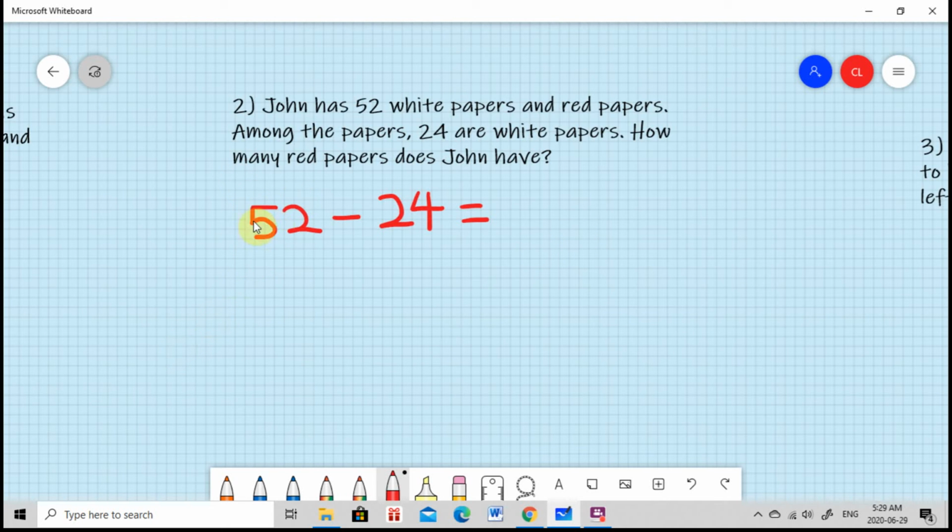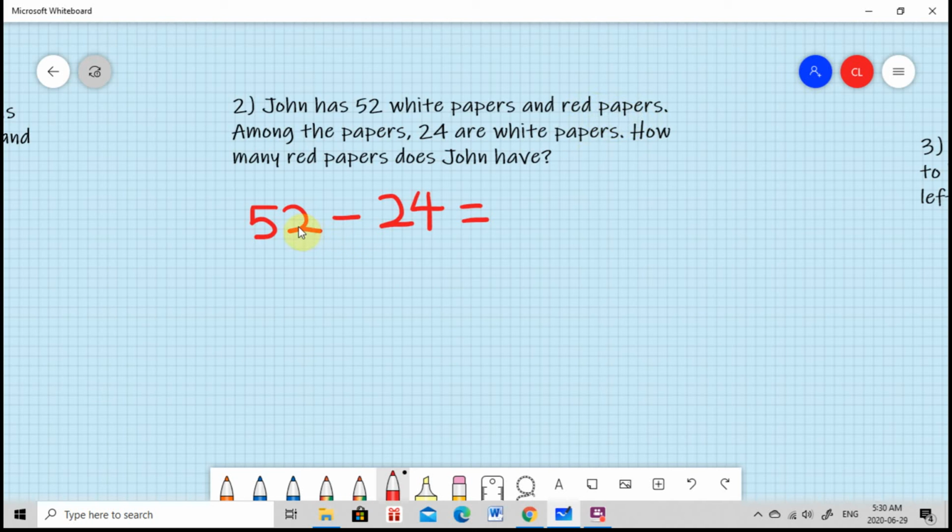So you have 52 white and red, and then among this, you have 24 of them that are white. So you need to figure out how many red papers.